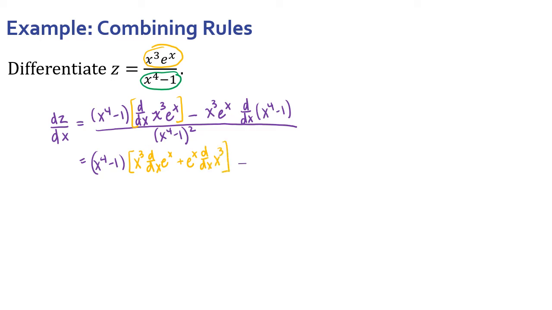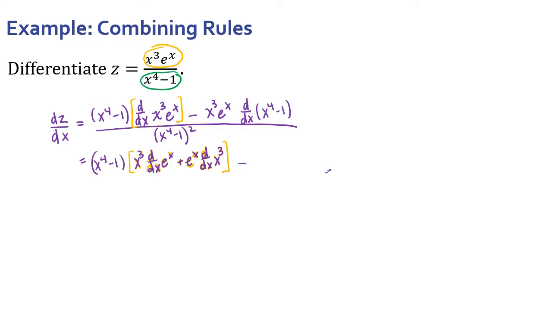I did it in that other color just so you could see where that's coming from. I'll actually just keep the parentheses in purple. In this case, this is where I had to use that product rule, because I can't figure out what the derivative of x cubed e to the x is without using the product rule.